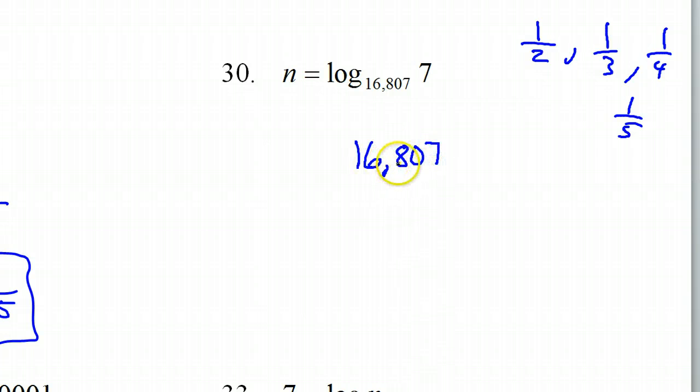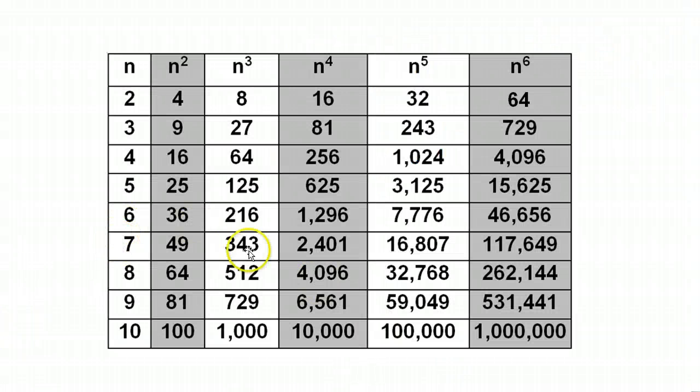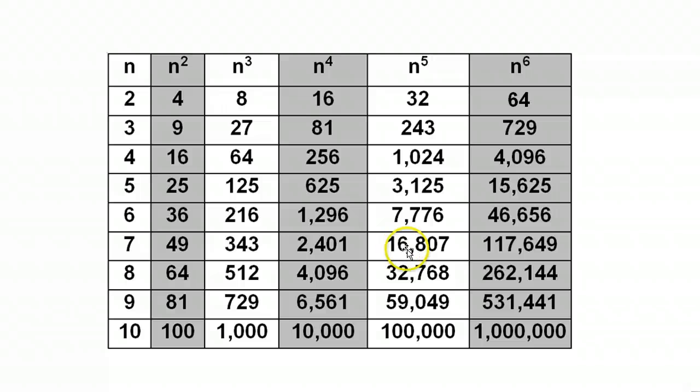16,807. That's the base. Alright, so these two things are basically going to switch places. So it's going to be this to a power is equal to 7. Okay, so we really can start with the 7 and then look over. Okay, so 16,807, it's right there.